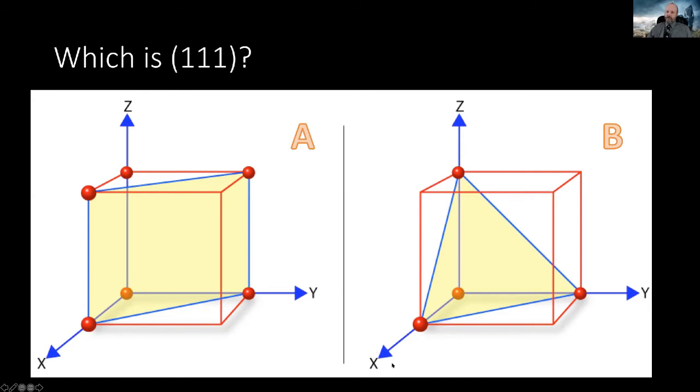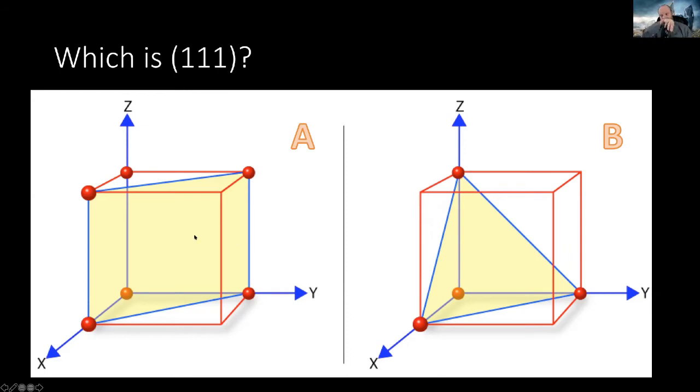And if you draw the plane that's perpendicular to it, you get that triangular looking plane there. That's how it lays inside the cube. Of course, the plane's infinite. It keeps going outside the edges of the cube, but you get the idea.